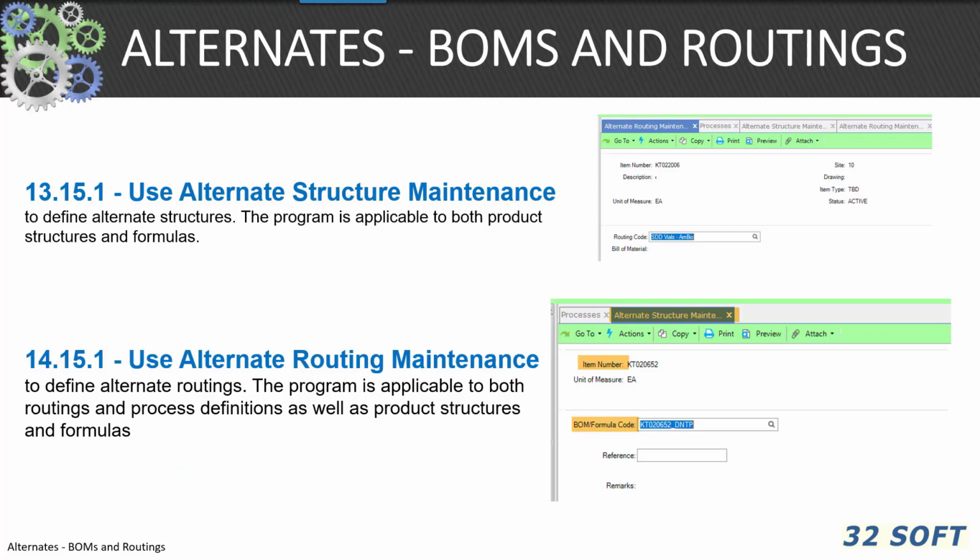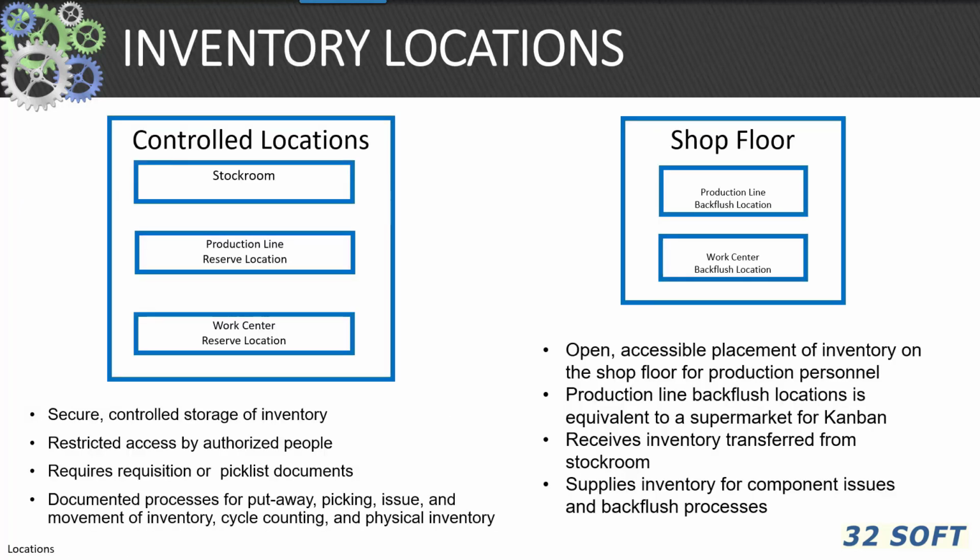Another function that's been around for a long time is alternate bills of material and routers. You've got a 13.5 alternate structure and the 15.5 or 14.15.1 alternate routing structures. Those can be so beneficial in affording flexibility into your manufacturing arena with the new production orders.